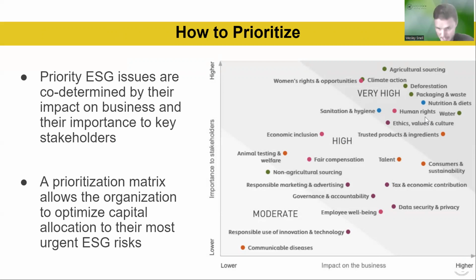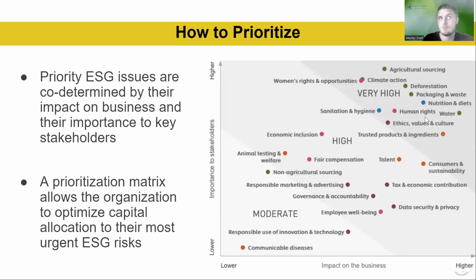On the x-axis, you see the impact on the business. So what kind of risk these different ESG issues like women's rights, economic inclusion, employee well-being, deforestation, sourcing, water consumption, what kind of risks do these pose to the company, to the continuity of your enterprise?